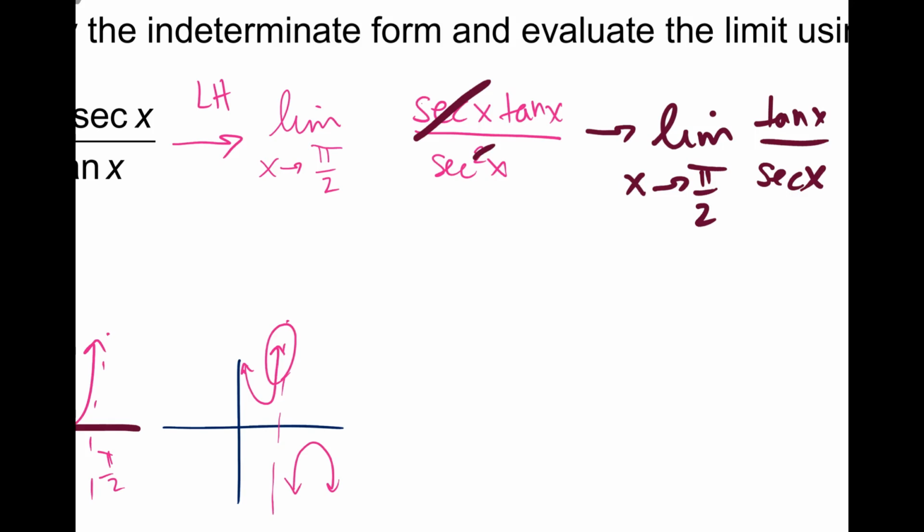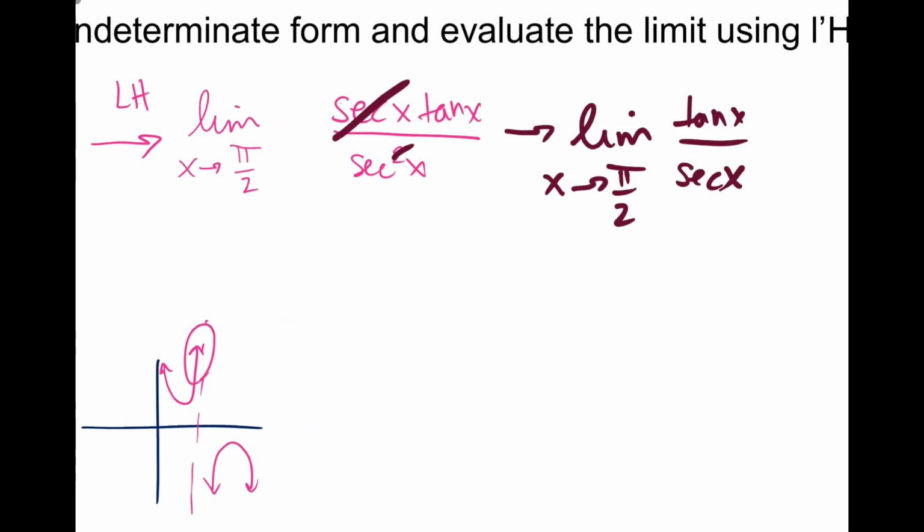I mean, it did, but it didn't. Because as we approach pi over 2, tangent goes to infinity. As we approach pi over 2, secant goes to infinity too.